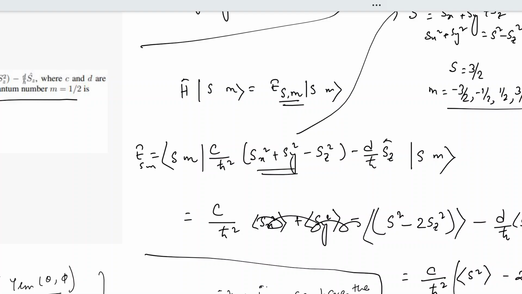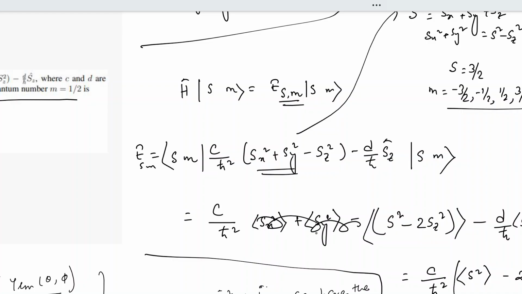So this is basically the eigenvalue equation I have directly used, the eigenvalues. Minus D by ħ, Sz has an eigenvalue of m ħ, so this ħ and ħ cancel out. So this is C (s into s plus 1 minus 2 m s squared) minus m s D.